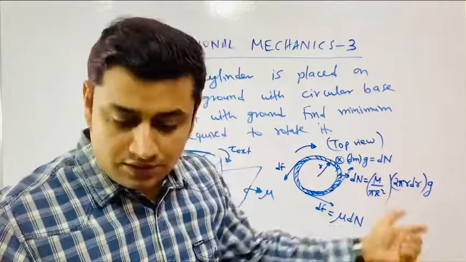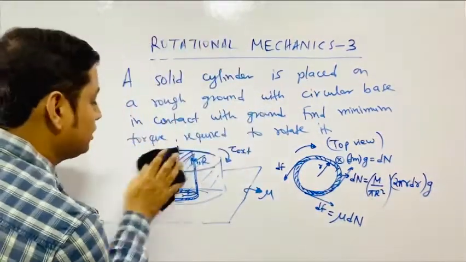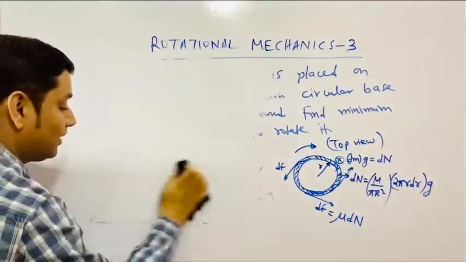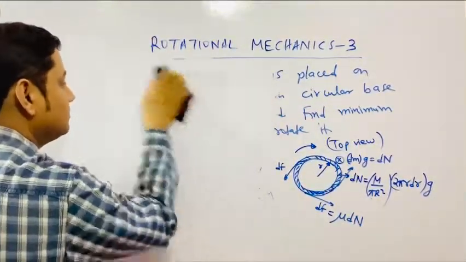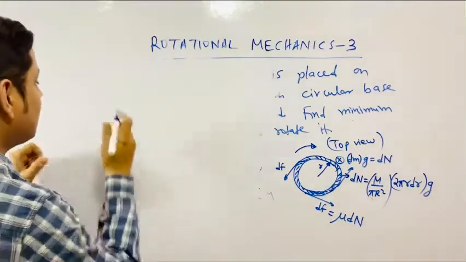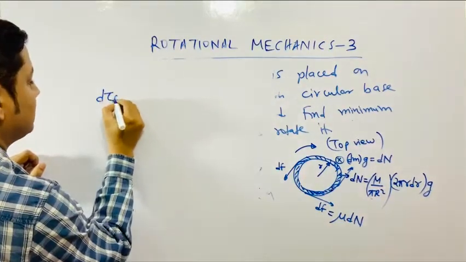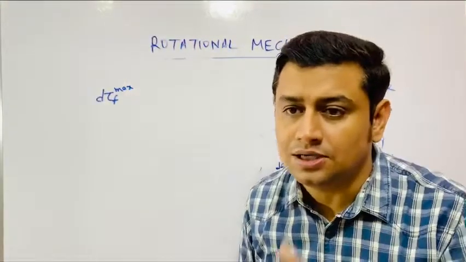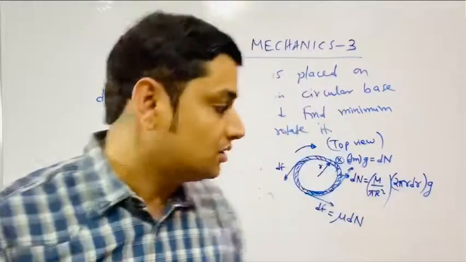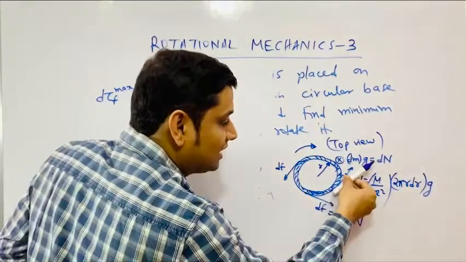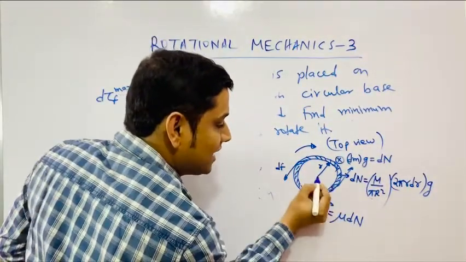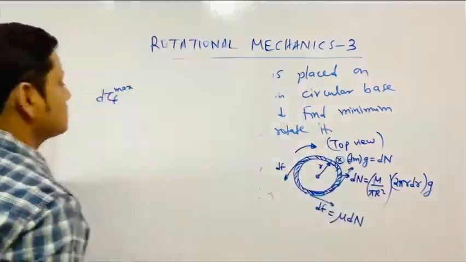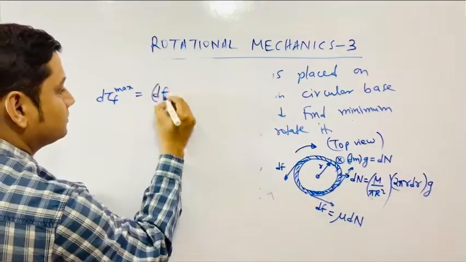Once the frictional force is mu into dN, we can get the torque. What is the torque? The torque due to friction, d tau, has its maximum value in the limiting case. Because all these frictional forces are acting at the same distance r from the axis of rotation, tangentially, it would become equal to df into r.